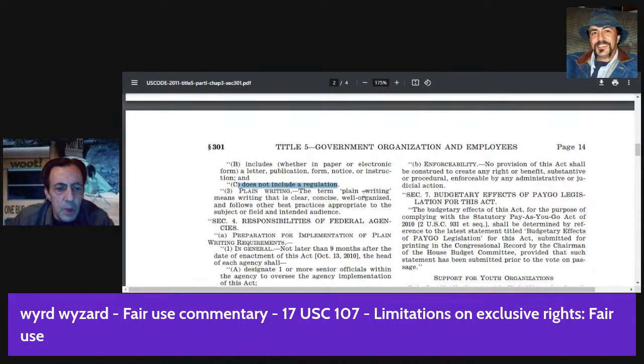Plain writing. The term plain writing means writing that is clear, concise, well organized, and follows other best practices appropriate to the subject or field and intended audience.